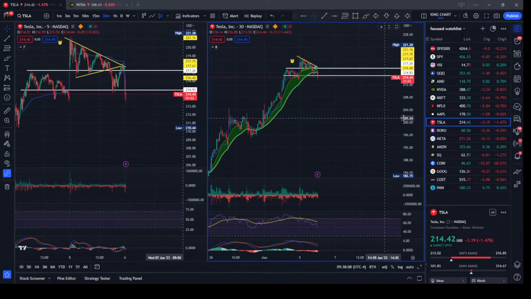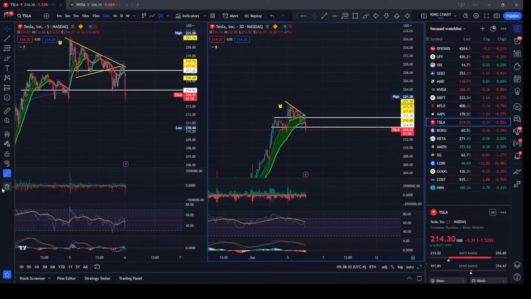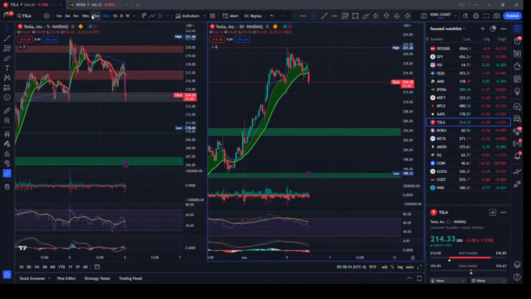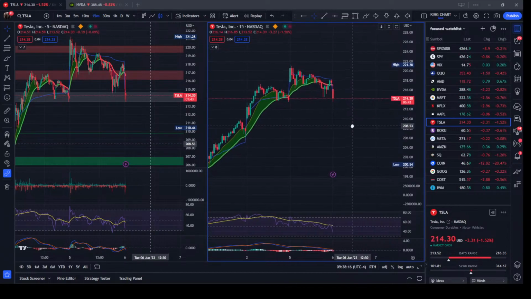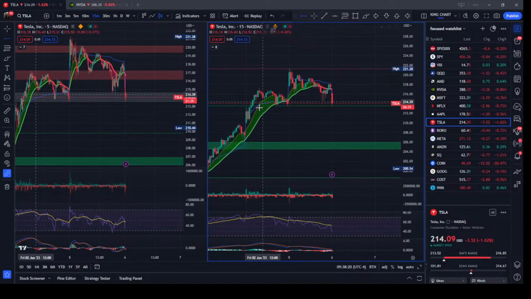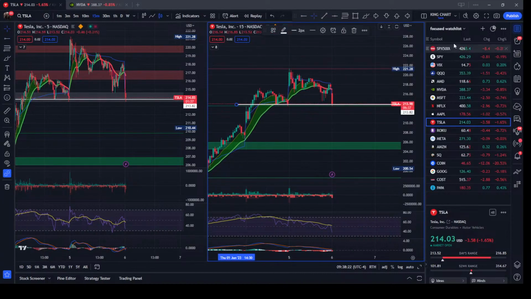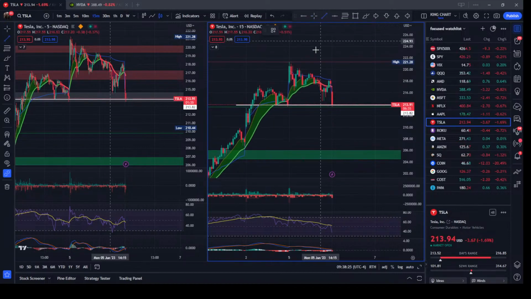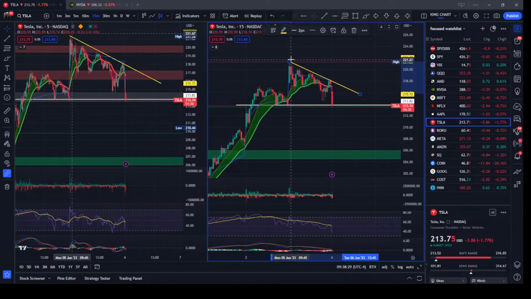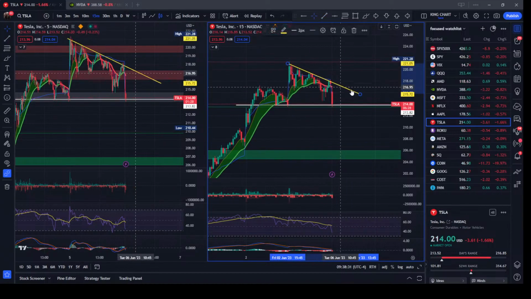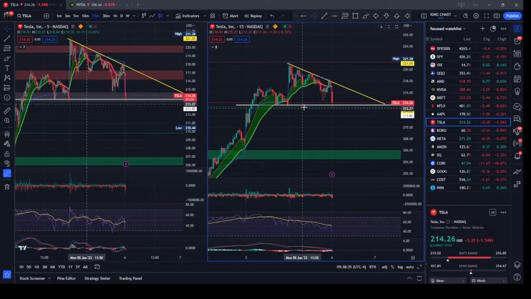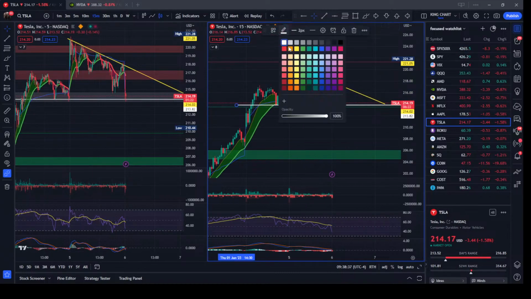So let's check out Tesla. Tesla's always fun. So this one we can actually call a resistance from here to right here. We actually combine these guys, make sure we get at least 2 rejections, like I said earlier. Right there. Let's turn this yellow so it matches.